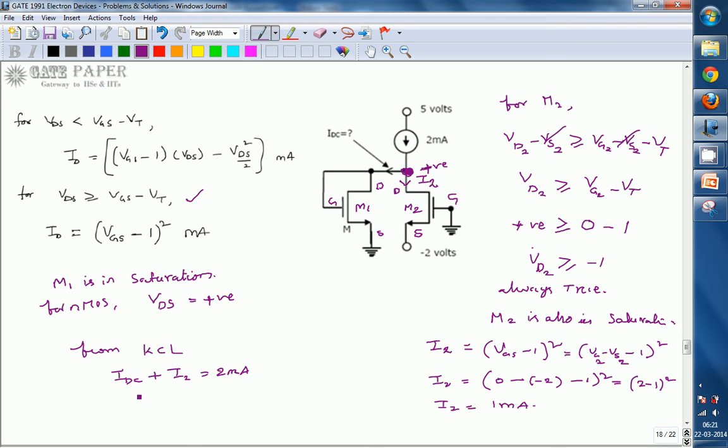So IDC is equal to 2 minus I2. Just now we found I2, so 2 minus 1, which is 1 milliampere. This is the current flowing through the M1 transistor. So the IDC value is 1 milliampere. Okay, thank you.